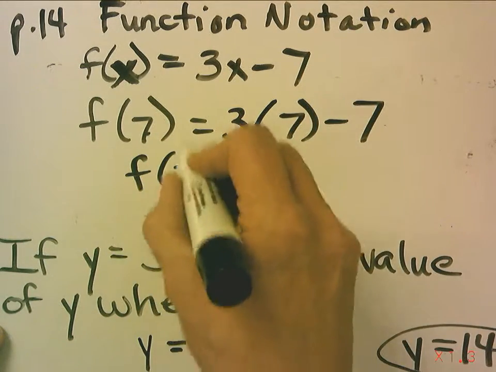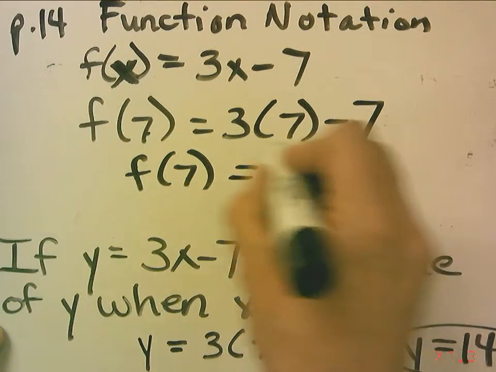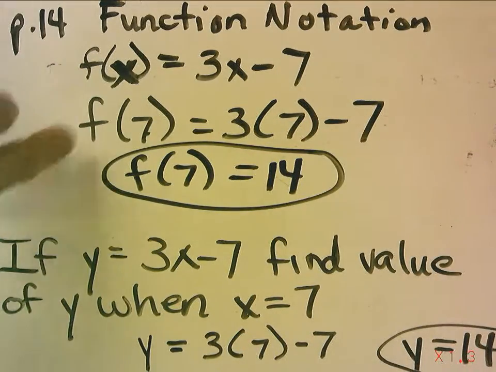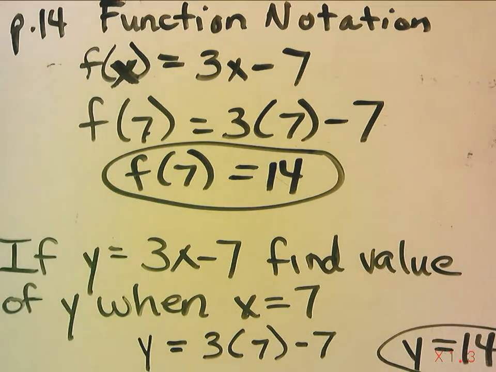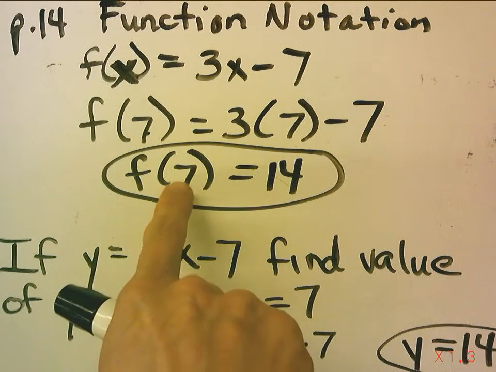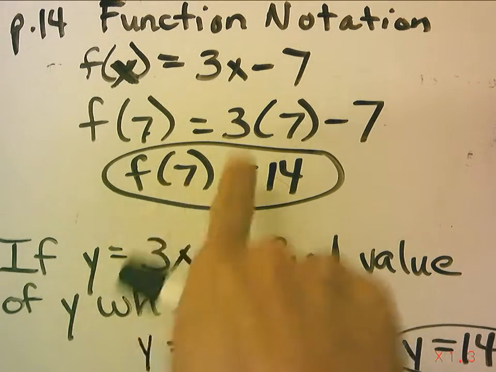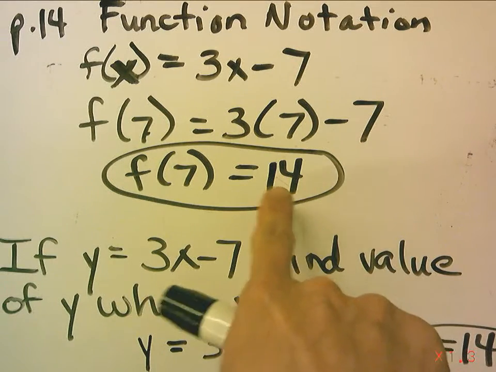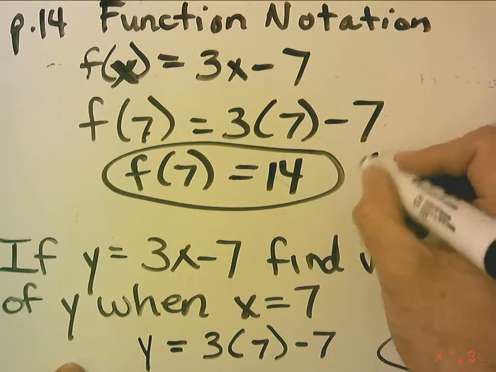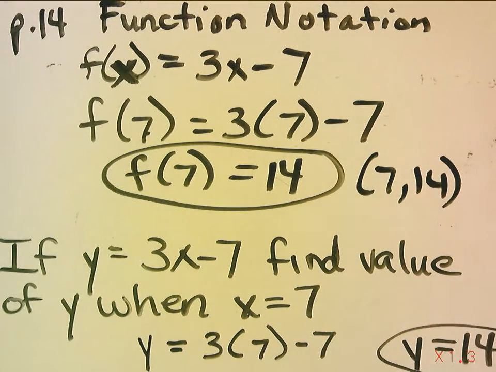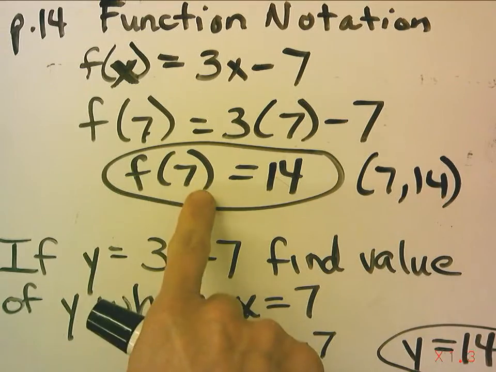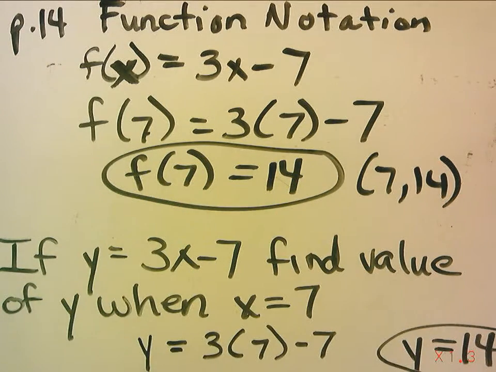So f of 7 equals 14. Not only was it easier to ask the question, but when you look at the answer, f of 7 equals 14, it's obvious that when x was 7, y, or the function value, is 14. So this answer actually gives us an ordered pair. And this is the advantage of function notation. For every answer, you get an x and a y. So that's the reason we use it.